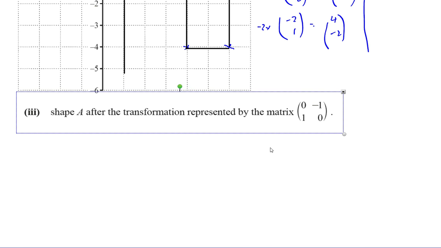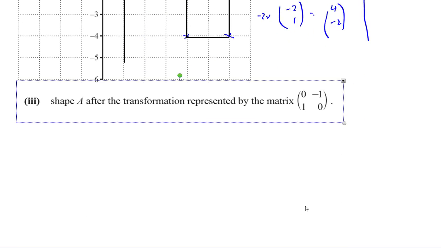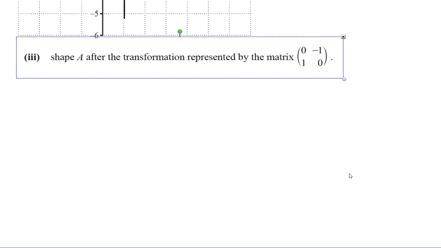Okay, no problem. It says shape A after the transformation represented by the matrix 0, -1, 1, 0. So let me first deal with what this means. Now there's actually 2 ways I can deal with this.